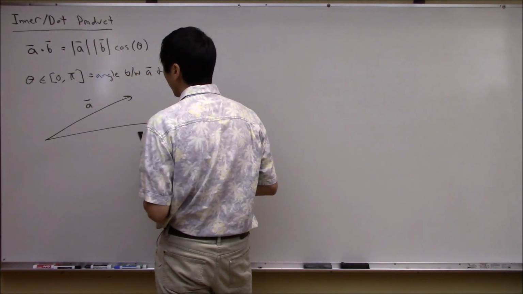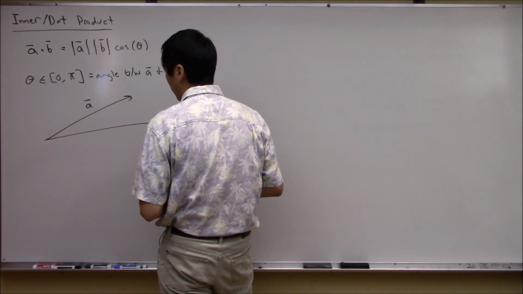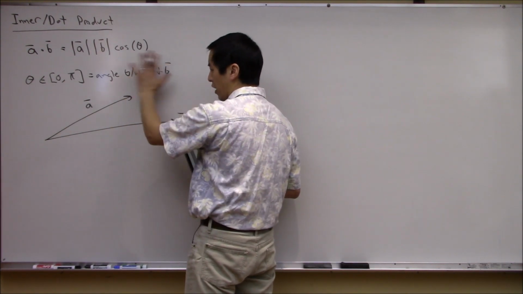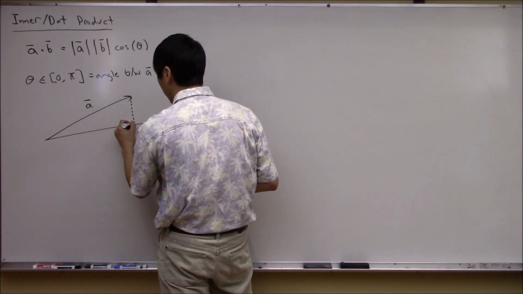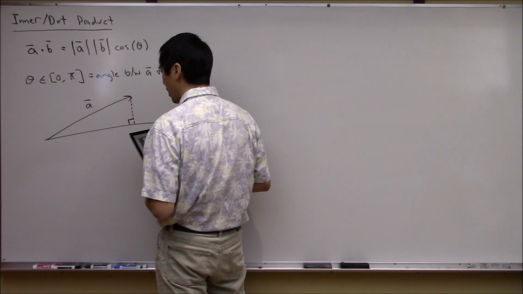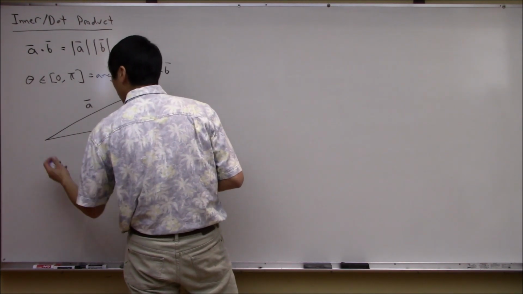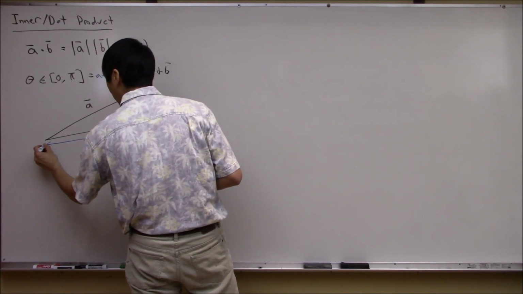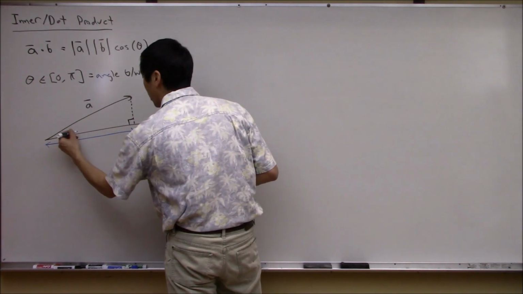Now, let's forget about this top part. Let's just look at the geometry of this diagram. Let's assume A and B are two-dimensional vectors. They exist in the plane of this board. I think everyone will remember from high school geometry that I could drop a line like this, a right angle, like this. Now, would everyone agree that this distance that I'm drawing in blue, this length, is just the hypotenuse times cosine of the angle theta?